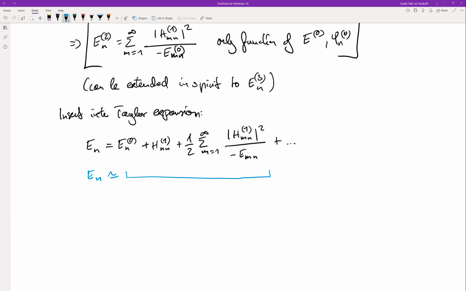That means you have the 0th order approximation, the first order approximation, and the second one. And all of that exactly in a pen and paper derivation only requires the unperturbed configuration, to know the unperturbed case and your perturbing Hamiltonian.